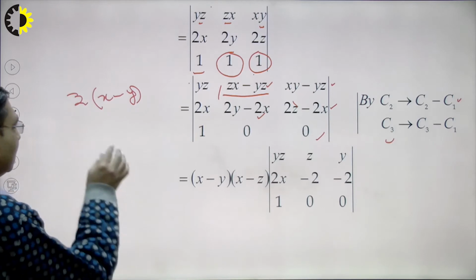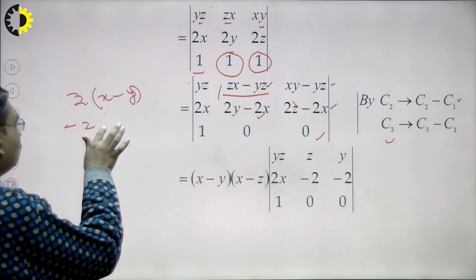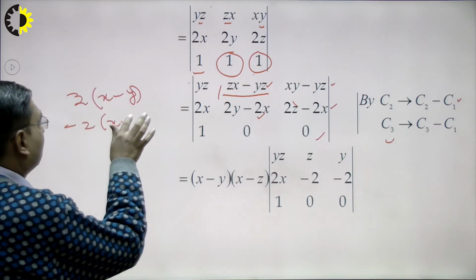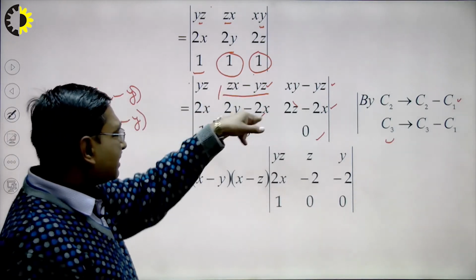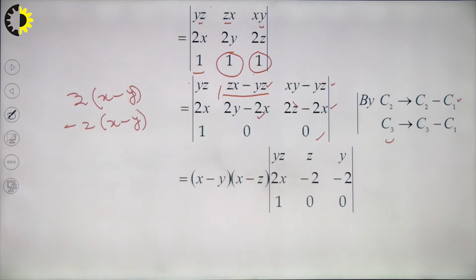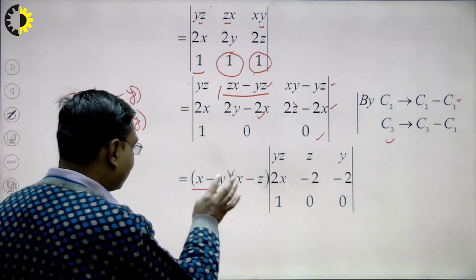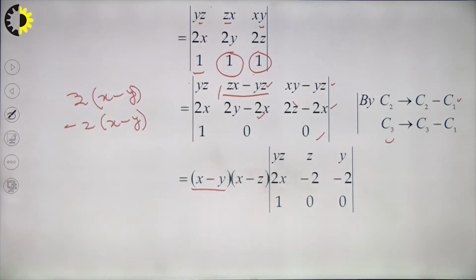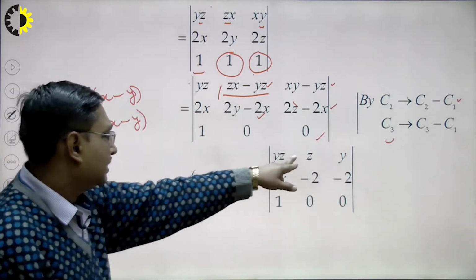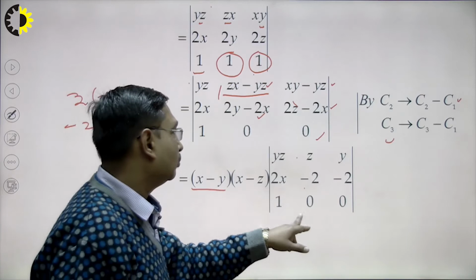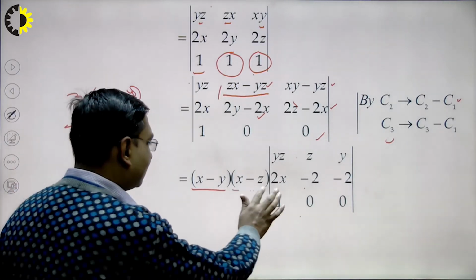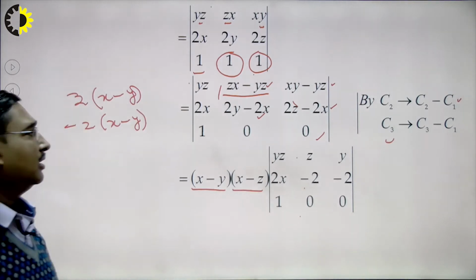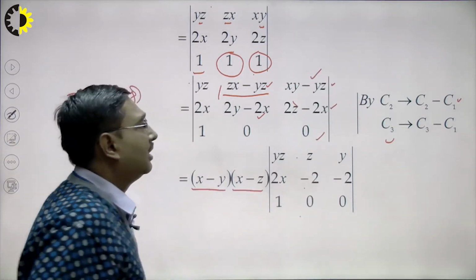The second term can be written as minus 2 times (x minus y). This (x minus y) can be taken outside from the second column, and therefore (x minus y) is written outside, and I am left here with z minus 2 and 0. In a similar manner, this (x minus z) can be taken common from the third column.